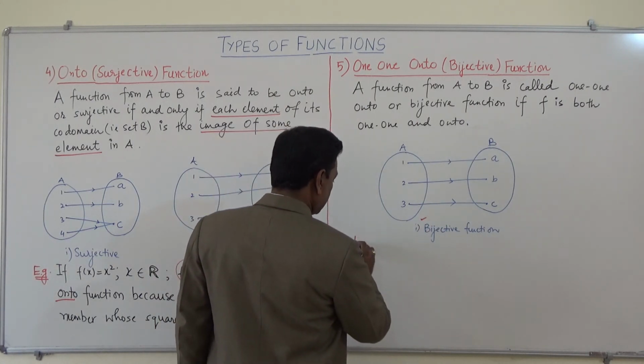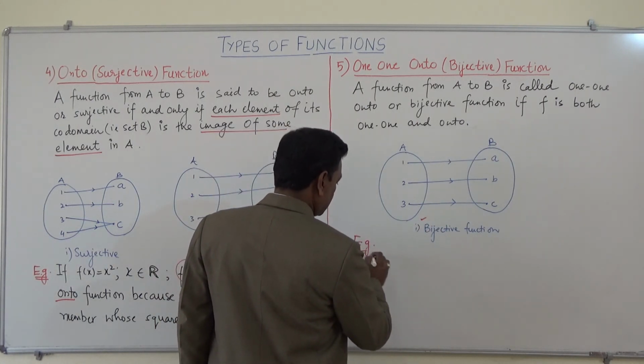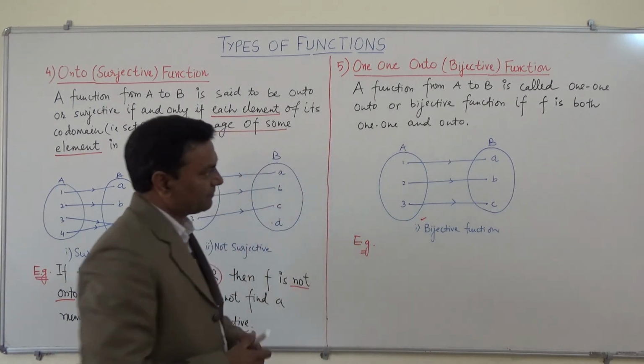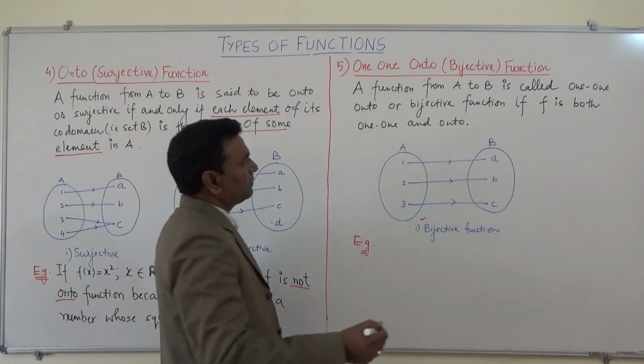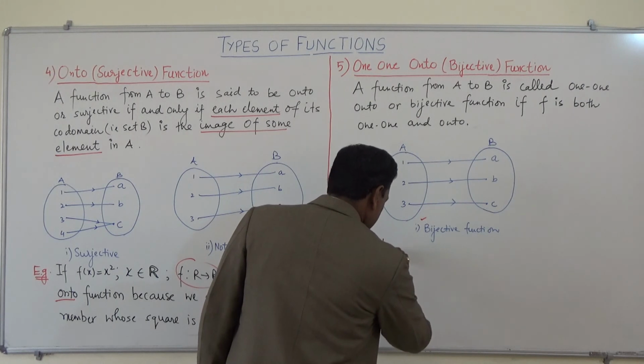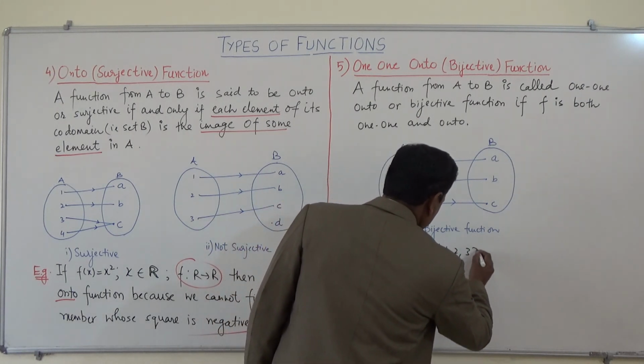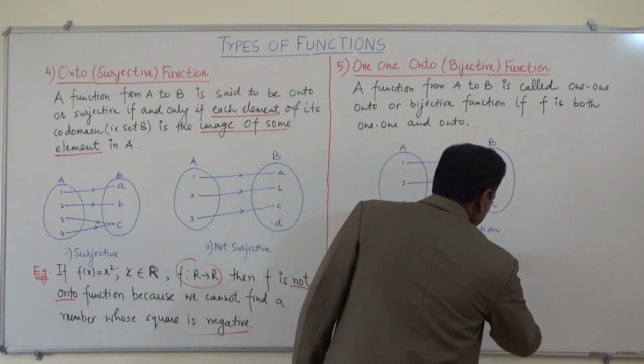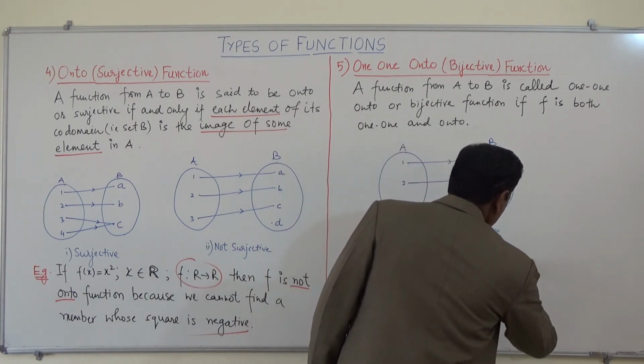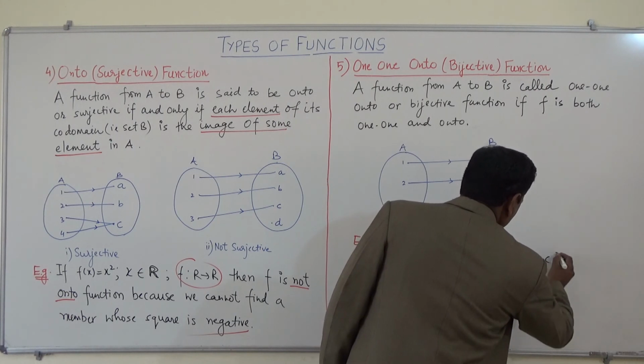For example, let A equal 1, 2, 3 and B equal a, b, c.